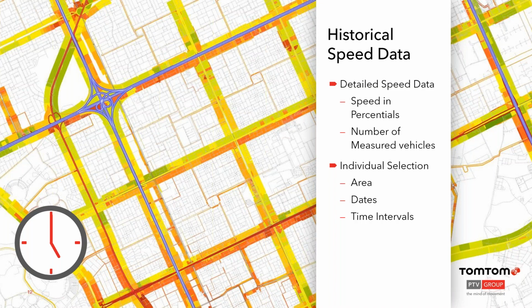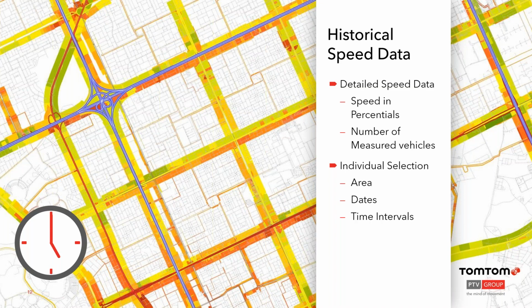And here you are really very flexible, and you can do individual selections. You can have it, let's say, for every hour of the day, or for a quarter of the hour, and then you can see how traffic is moving or not moving because it's congested in your area.